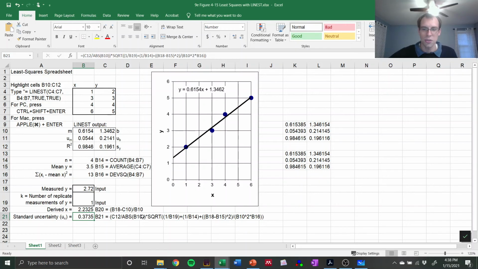This shows what the formula is explicitly written out over here. Again, we have sy, that's C12 down here from our LINEST, divided by the absolute value of the slope, B10, times the square root of all of this stuff.